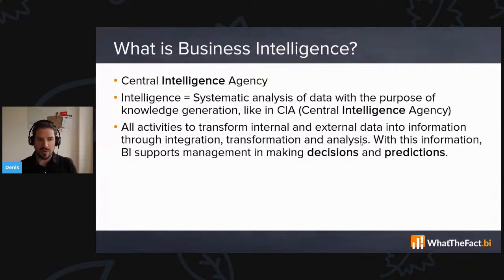And why do we want to do this? We want to make better decisions and also predictions for the management. So business intelligence in general is everything that has to do with data to generate knowledge and information to make better decisions and predictions.